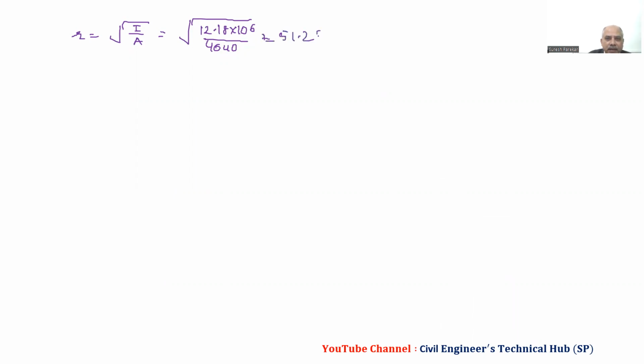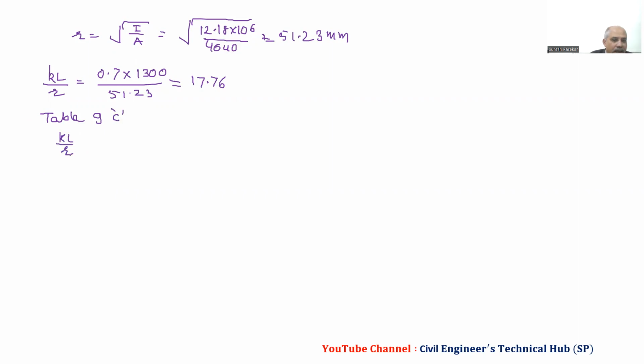that is equal to 51.23 millimeters. And then we have KL upon R. So K is 0.7 into L we have 1300 and R we have 51.23, and this comes 17.76. As it is plate, we have buckling class C, and therefore we have to use table 9C, and in table 9C we have KL upon R 10, and then this is 20, and FCD value we have 227, 224.